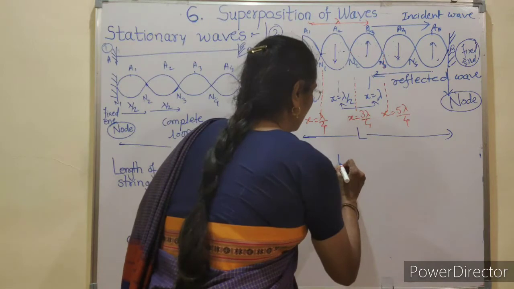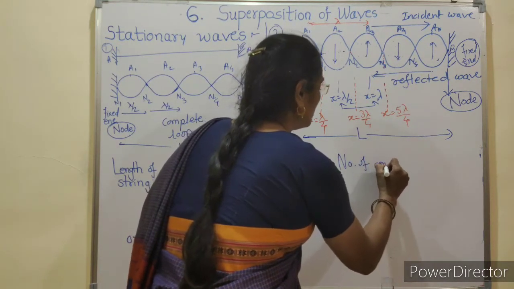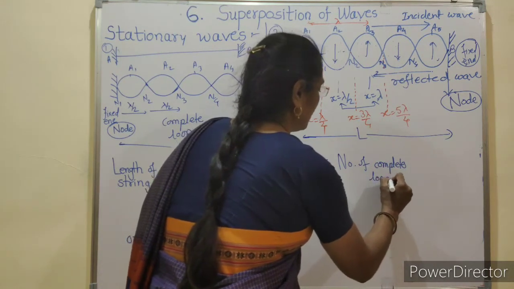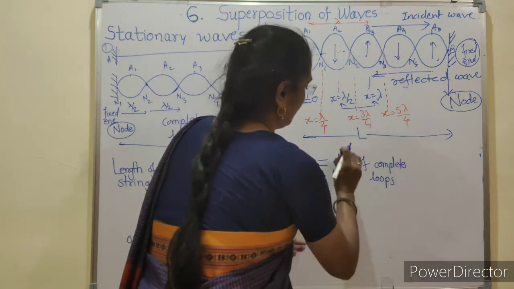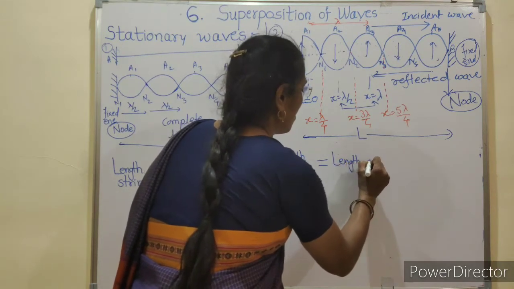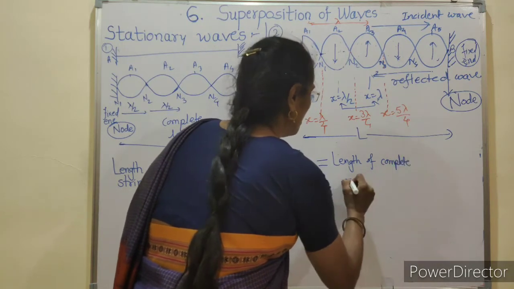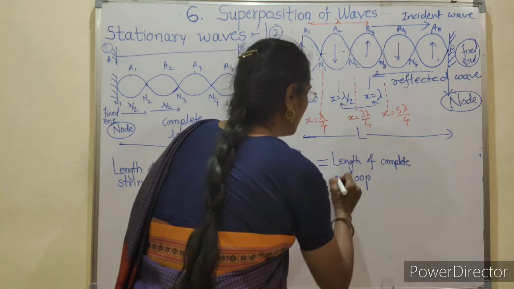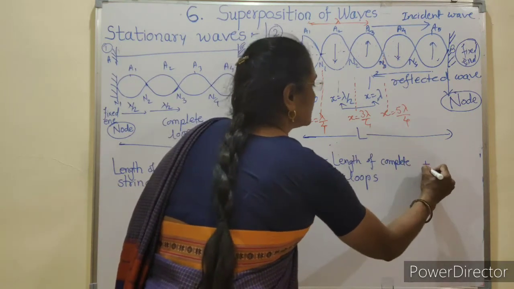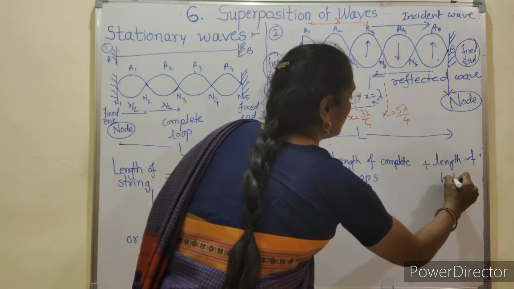We write here: length of string is the length of complete loops, and complete loops are P, plus the length of the half loop.